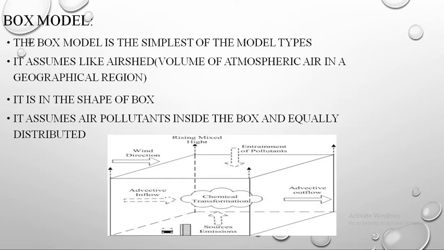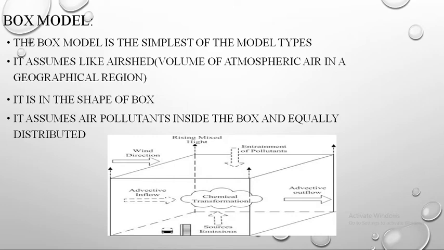First one, box model. What is box model? Box model is the simplest of the model types. It assumes the volume of atmospheric air is in the shape of a box. It also assumes that the air pollutants inside the box are homogeneously distributed.